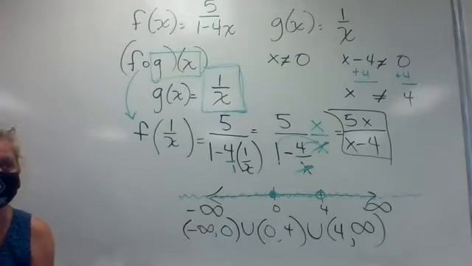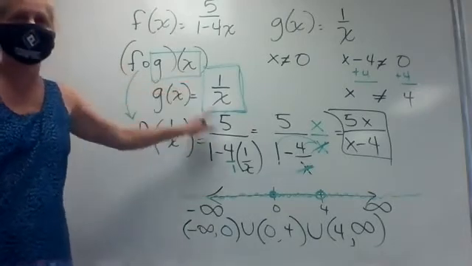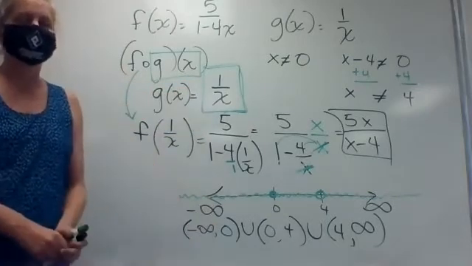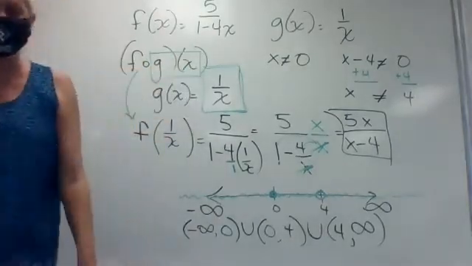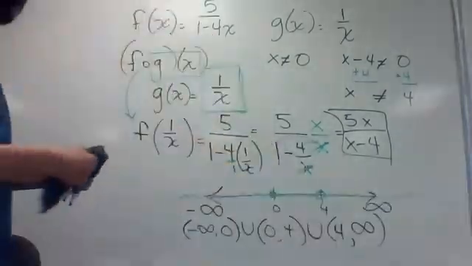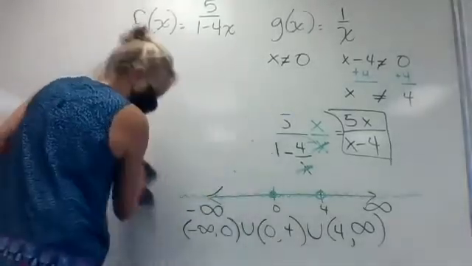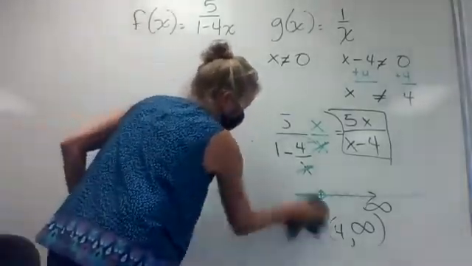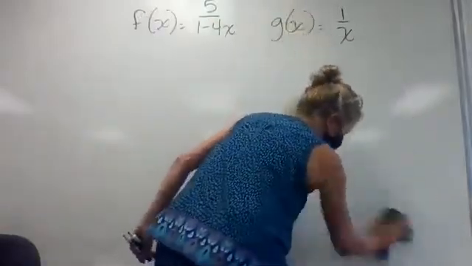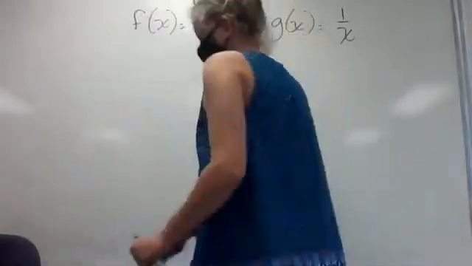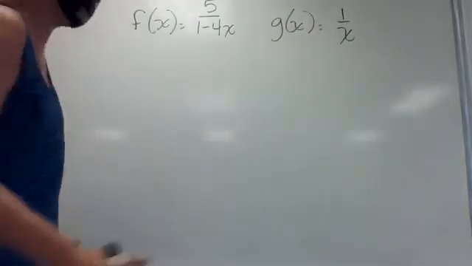So there's half the problem, right? Because all we've done so far is f of g and its domain. So now what are we doing? G of f and its domain. Okay, g of f.